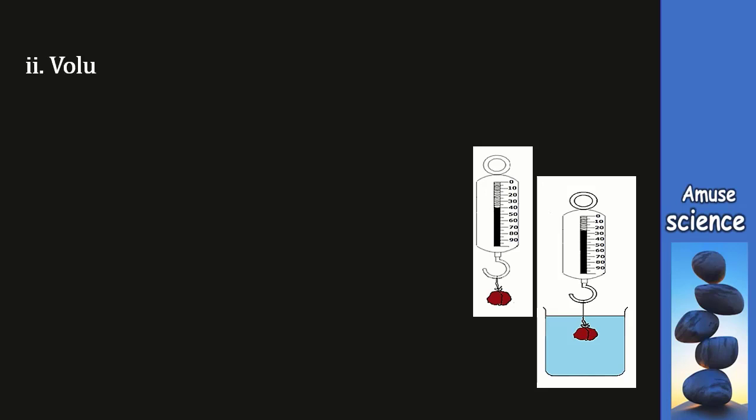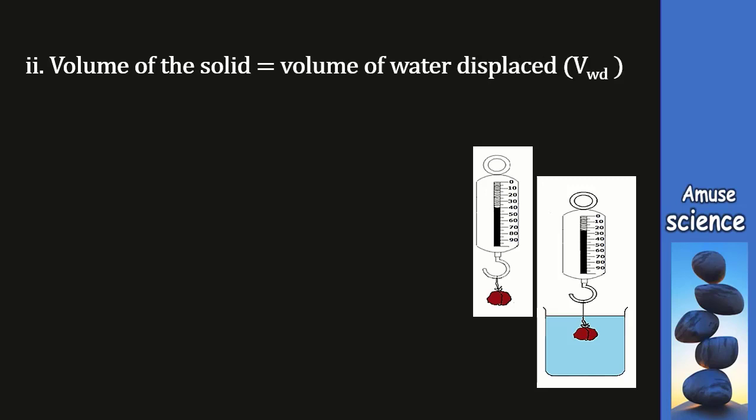We know that the volume of the solid will be equal to the volume of the water displaced. In this case, the solid is being completely immersed in the water. Volume of the water displaced will be the same as the volume of the solid. To find the volume of the solid, we have to find the volume of the water displaced.